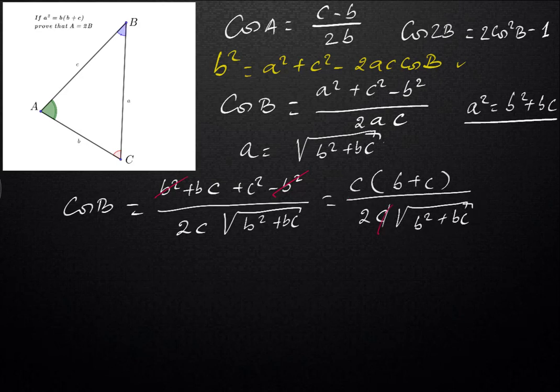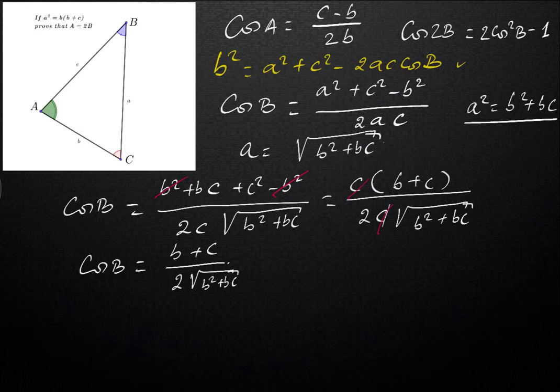So you can simplify by C. So we found cosine B. So we found cosine B is equal to B plus C over 2 times the square root of B squared plus BC.